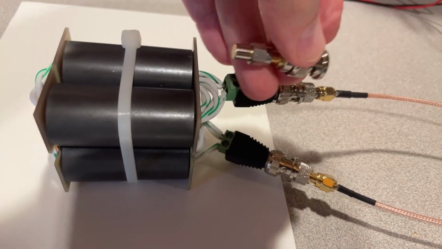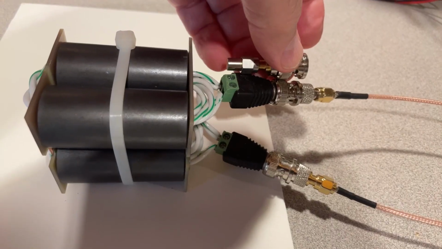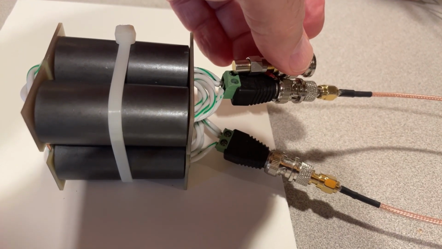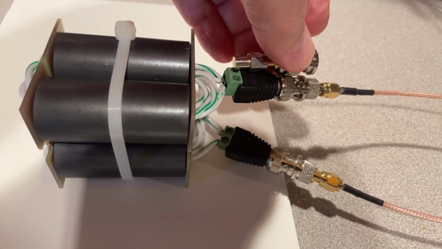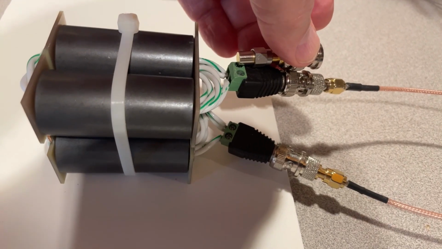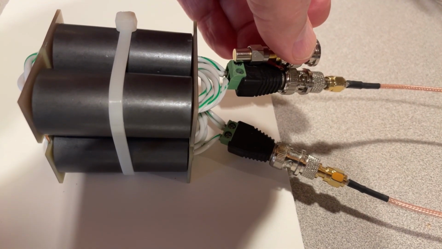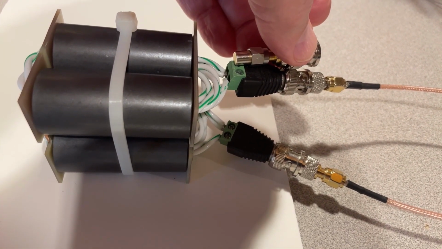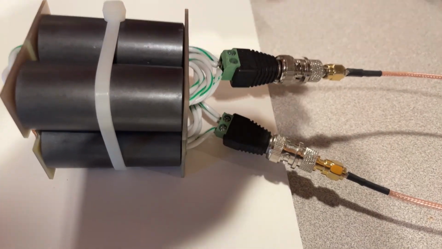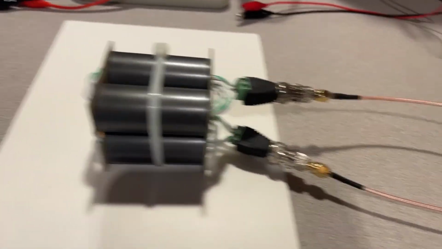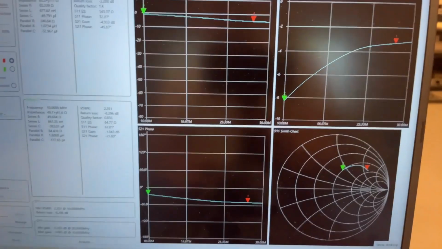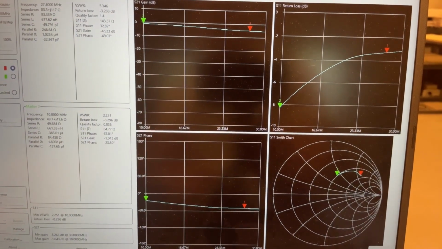So when you line this up, you see that it's right at the screw terminals. So you have to add that extra length in order to ensure that you're getting accurate measurements. So a little bit of care has to be taken there. So there's my setup. There's the NanoVNA. Now we'll go over and look at the software in real time.